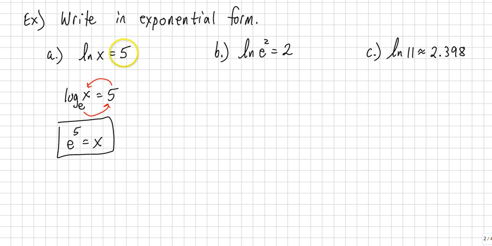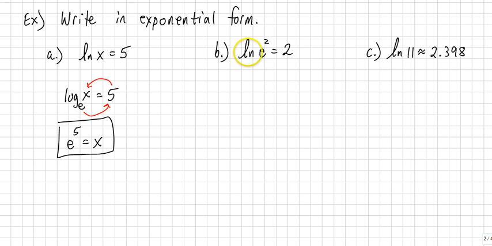So natural log of x equals 5 is the exact same thing as e to the fifth equals x. This is log form, this is exponential form. Remember, e is about 2.71828, so x is about 2.71828 raised to the fifth power. That would be an approximation because e is actually an irrational number, so there's an infinite number of decimals.